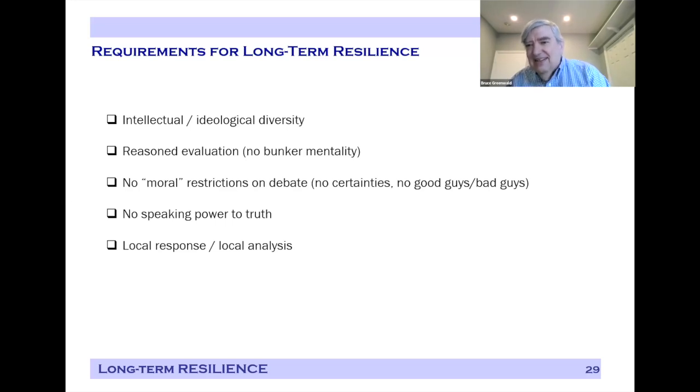You can't have ideological certainties that dominate discourse. You can't have power defining what truth is, which clearly happened in the centralized economies. And I think also you have to have local responses and local analysis that we talked about. And I think all of these things are in a relatively parlous state of existence at the moment.